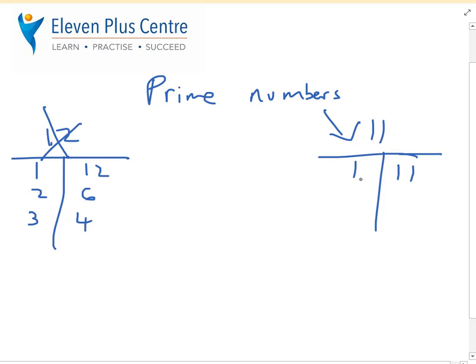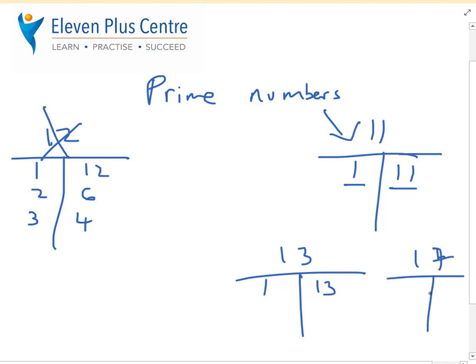And if you look at the list, those factors are always 1 and the number itself. Same with 13. The only factors of 13 are 1 and 13. 17. The only numbers which are factors of 17 are 1 and itself. So you can see that these 3 are prime numbers.